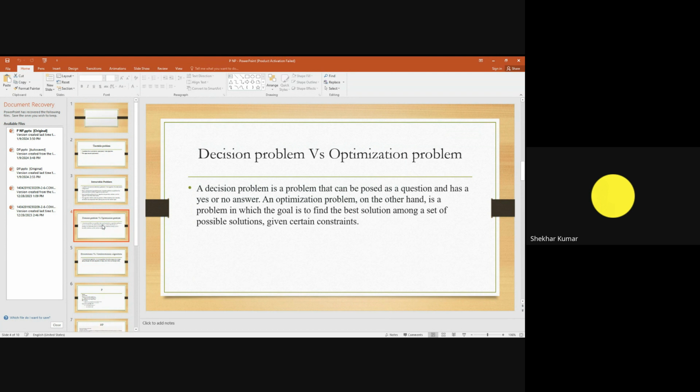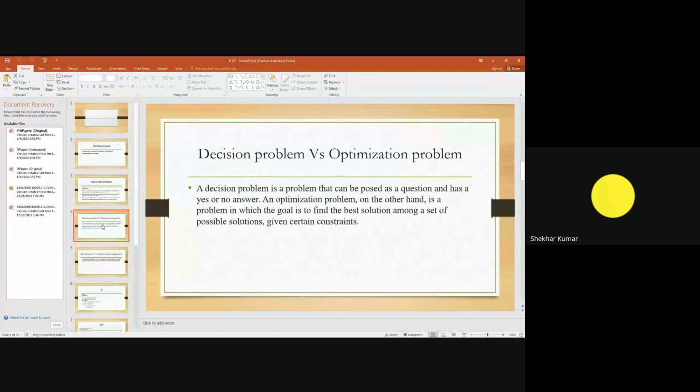is a problem in which the goal is to find the best solution among a set of possible solutions. For example, suppose we want to determine whether a given graph has a cycle or not.